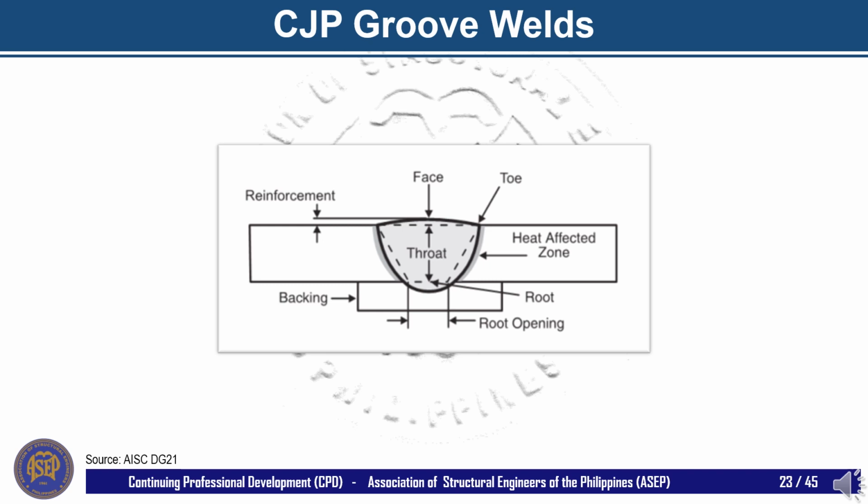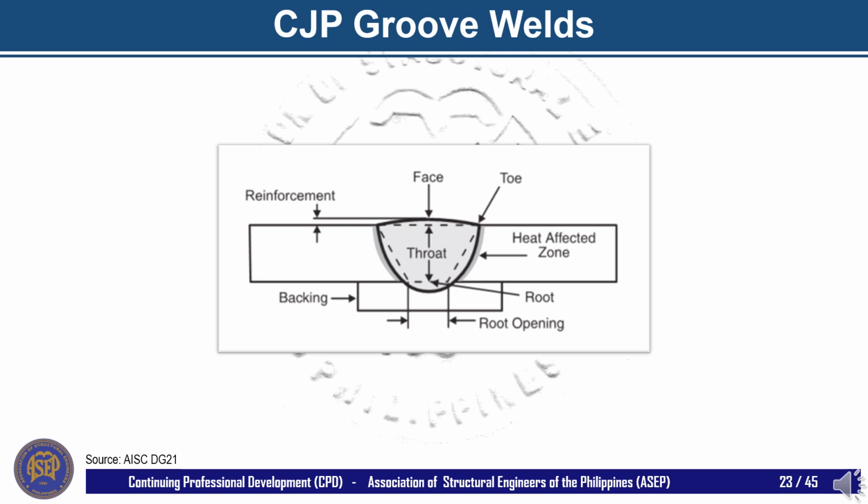So essentially, CJP welds develop the full strength of the attached elements for statically loaded structures. For most connections, a CJP weld requires steel backing if made from one side and back gouging if made from both sides as per AWS. This is done to ensure complete fusion of the entire thickness of the element being joined.